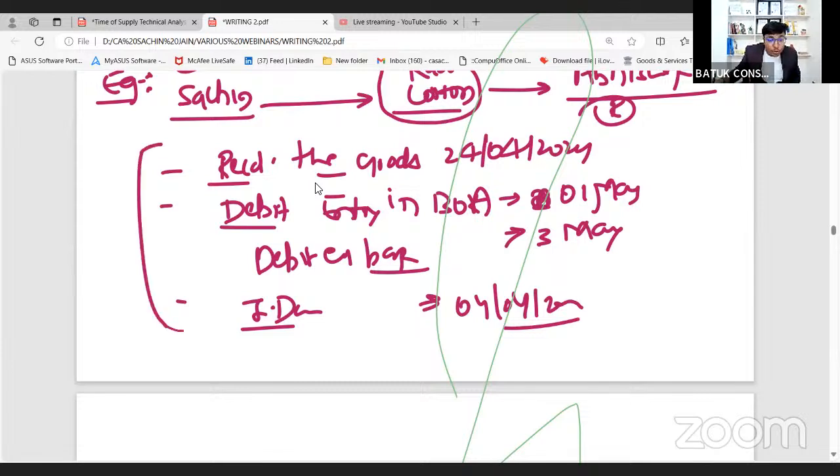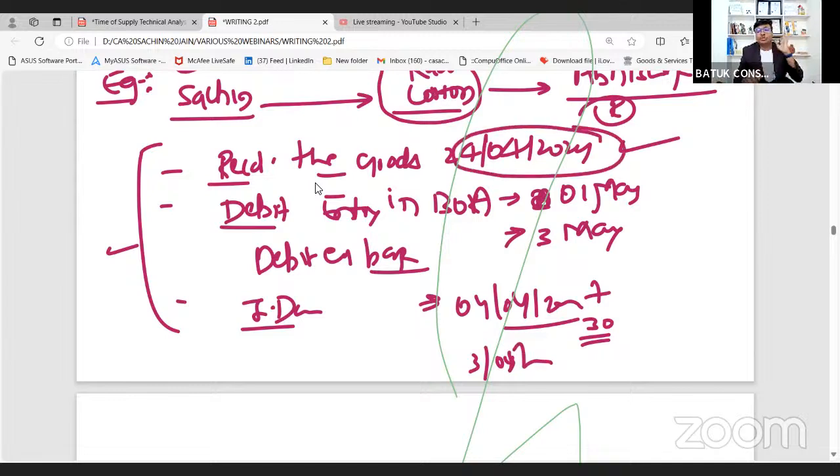So इनमें से जो भी whichever is earlier, that means 24th April 2024 will be my time of supply, because invoice date plus 30 days, that means the date will be around 3rd of May. So the earlier date is my 24th April 2024.